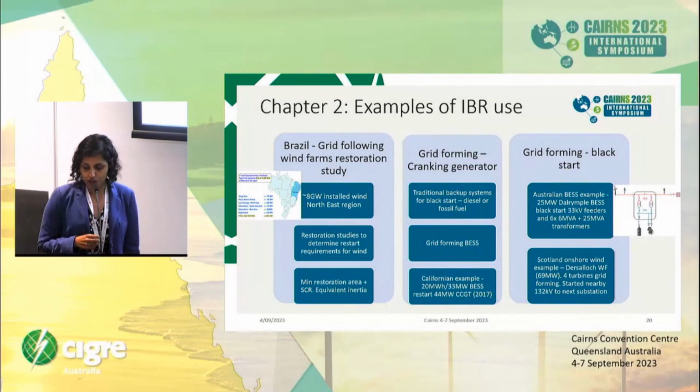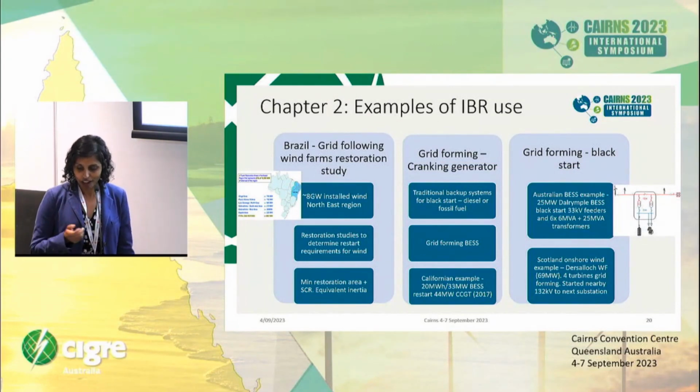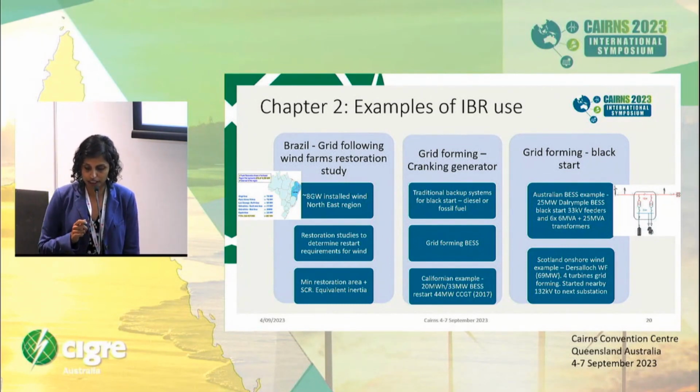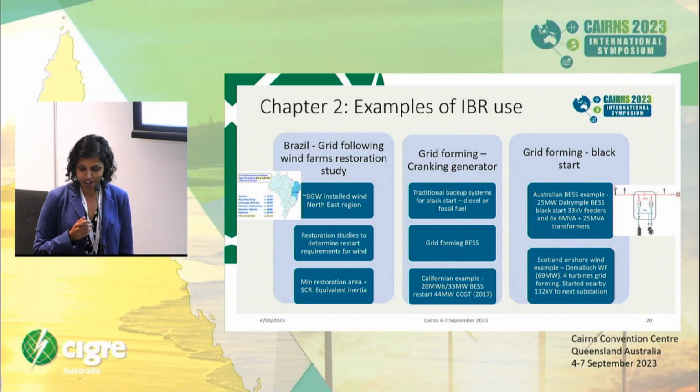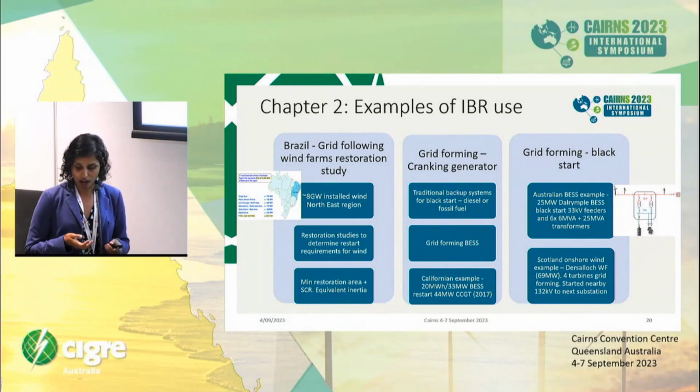So I'll just take you through some examples of IBR use. Some of this might partially answer that previous question, and this is all contained in the technical brochure in more detail. In Brazil, in the northeast region, there are a lot of installed wind farms, around 8 gigawatts, and the system operator has performed analysis and studies to determine requirements to bring wind farms back on earlier.